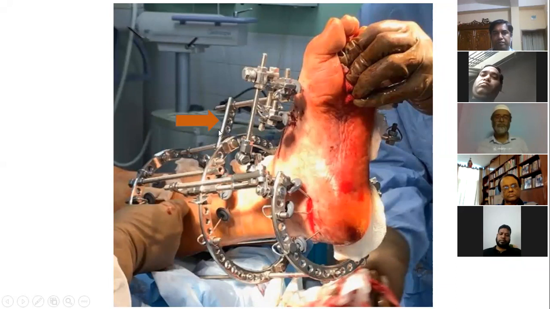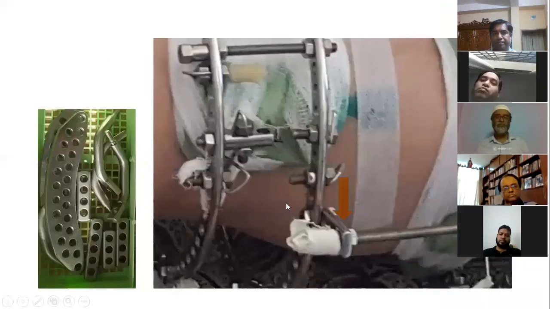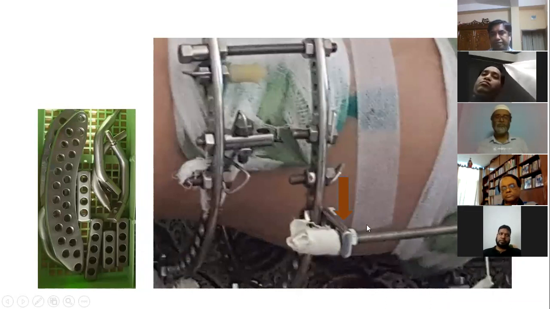Here you can see the use of a straight plate. There are multiple uses of posts, hinges, and other things you can see. And here is also a straight plate, where the smaller ring is connected to the larger ring and adjusted with the straight plate.